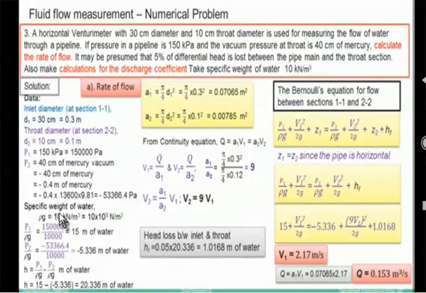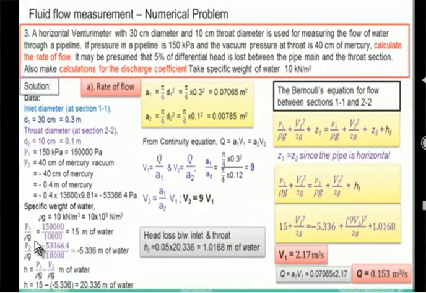Okay, now the specific weight of water, that is rho g, is equal to 10 kilonewton per meter cube. He has given this, so we have to convert it into newton per meter cube, that is 10 into 10 raised to 3 newton per meter cube. Kilonewton can be converted into newton by multiplying by 10 raised to 3.